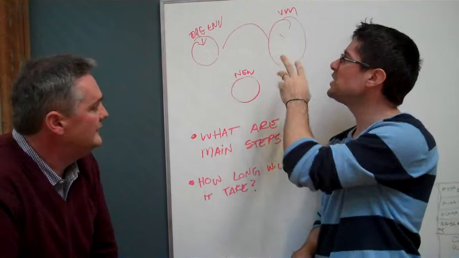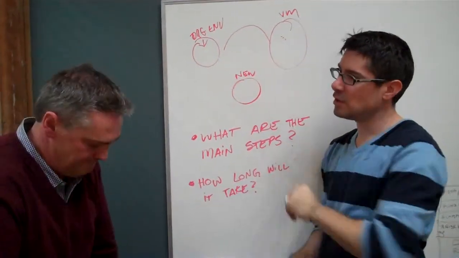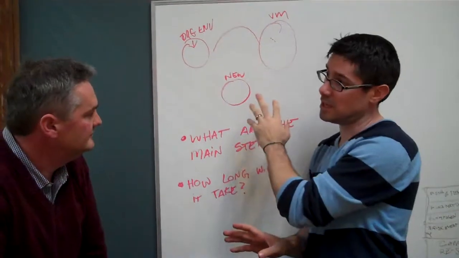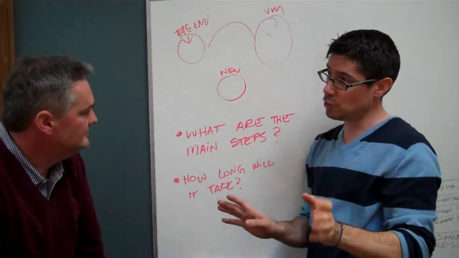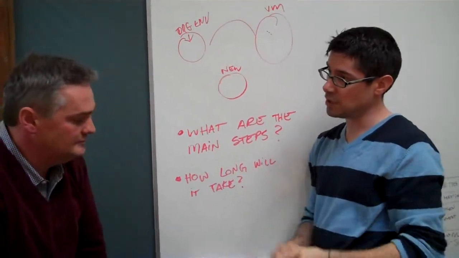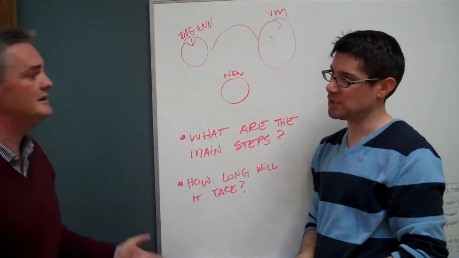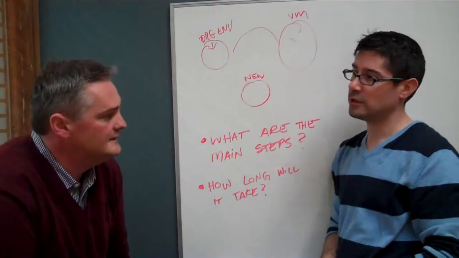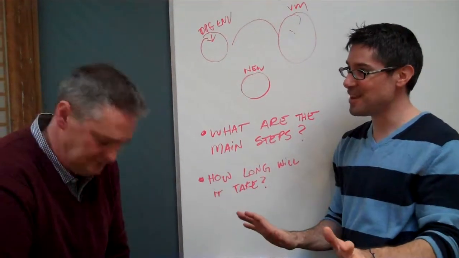Potentially you could do it in two days, but cover your bases and say it's going to take 10 working days, two weeks, unless it's an exceedingly complex system, in which case it's on a case-by-case basis. Hey, that's good enough for now.